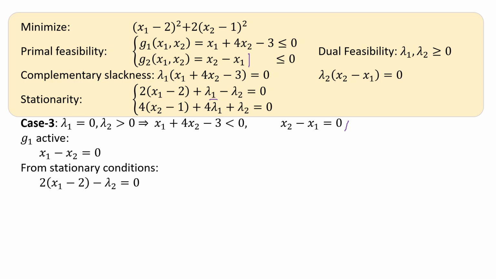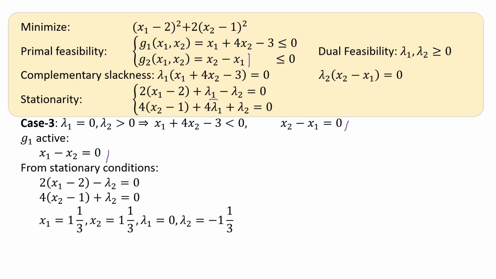So we now have 3 variables to solve in 3 equations. 2 from the stationary conditions, and one of the equations is x1 minus x2 equals 0. Solving, we get x1 is 1 whole 1/3, x2 is 1 whole 1/3, they have to be the same. Lambda 1 is 0, obviously, and lambda 2 is, solving, we get negative 1 whole 1/3.